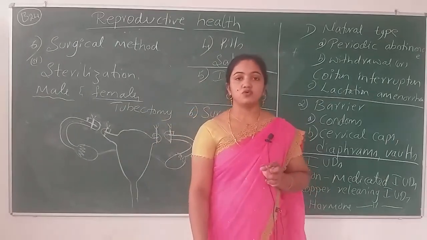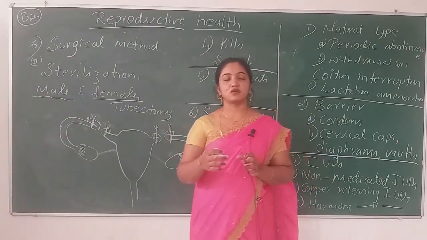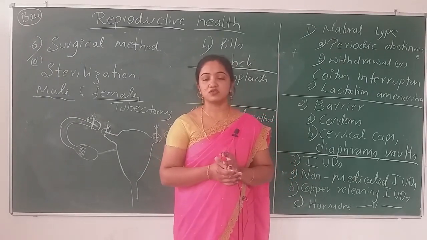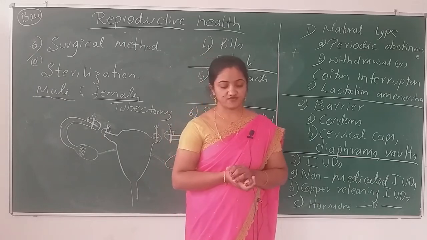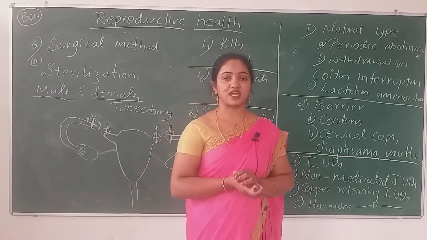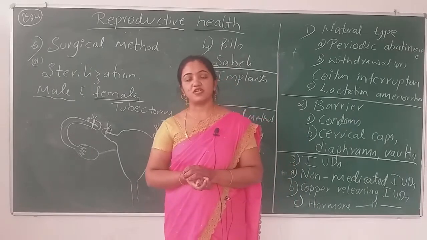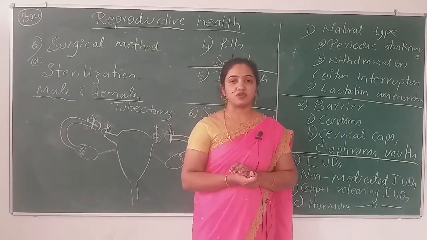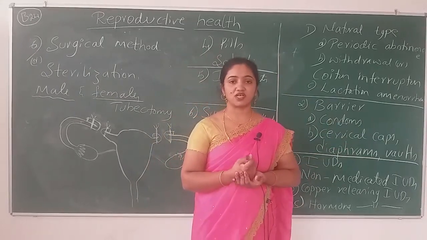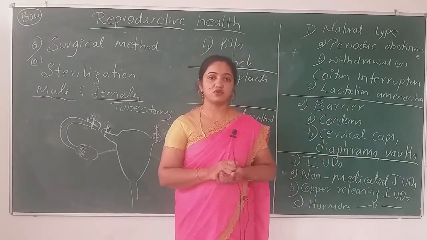Okay, so this is all about the third content. No, it is not third, the second content. The first one was introduction, problems and strategies. The second content is population explosion and birth control. In birth control, we saw 6 types of contraceptives, and you have to learn all of those.